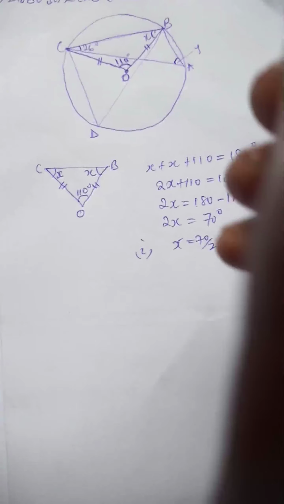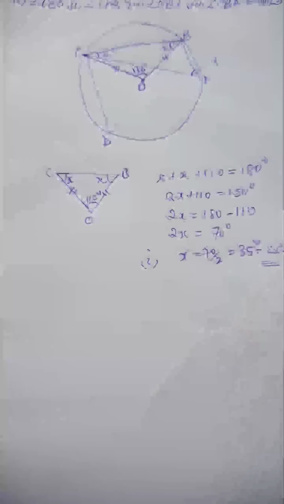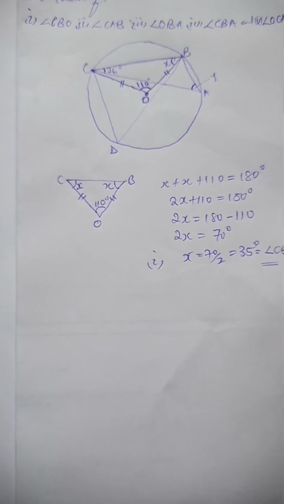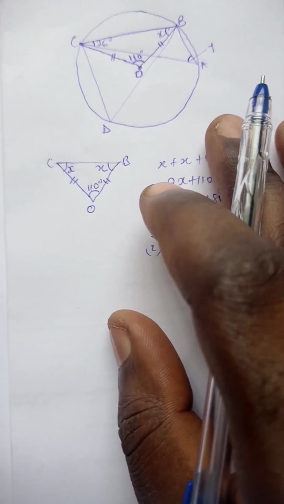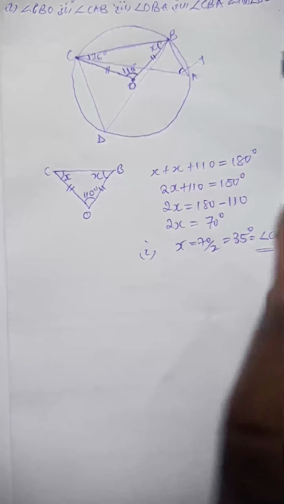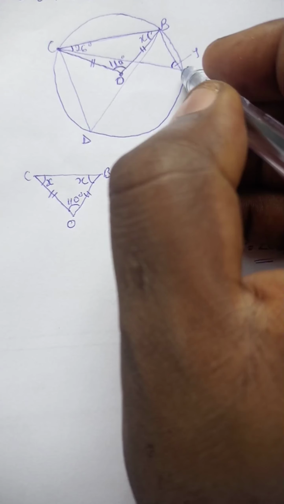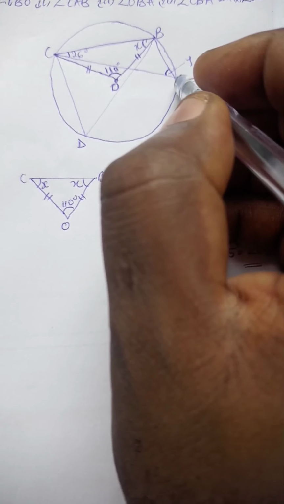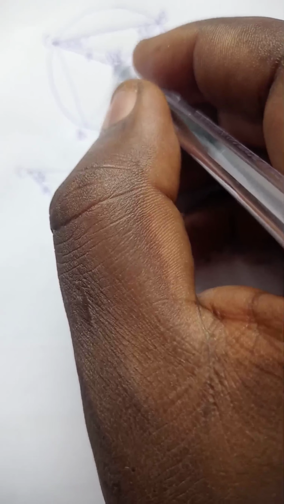Observing critically, to solve this problem, we have to observe that this angle is obtained at the circumference of a circle. So it has a relationship with the angle obtained at the center of the circle.